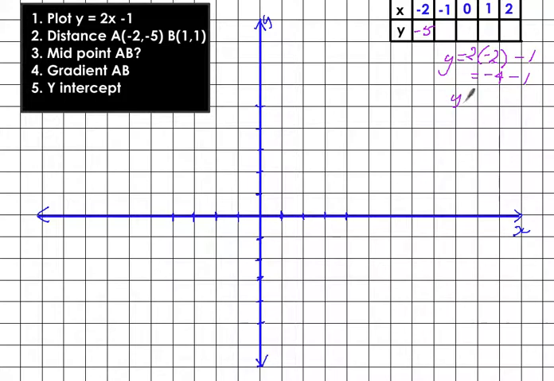Then y at x equals negative 1 is 2 times negative 1 minus 1, which is negative 2 minus 1, negative 3.